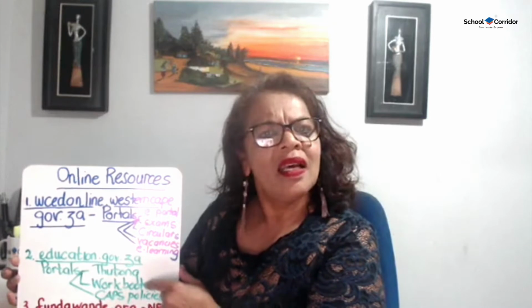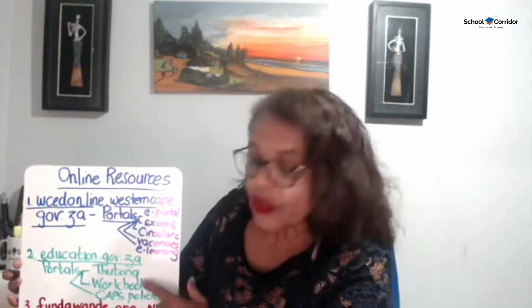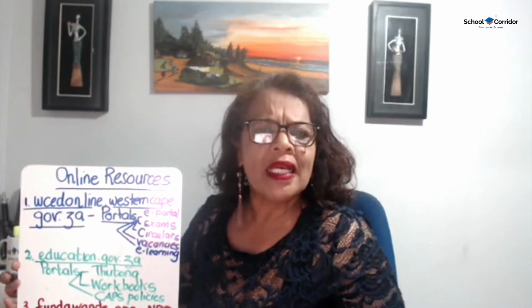So you don't ever have to ask anybody for that information. It's online. You can just go onto this website, right? And then, of course, the workbooks are there. So if you want to tell your parents, especially those who can afford to spend data, because data is very expensive here in the country.